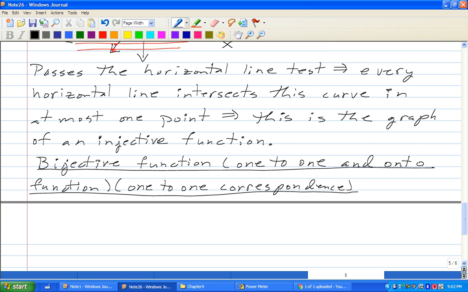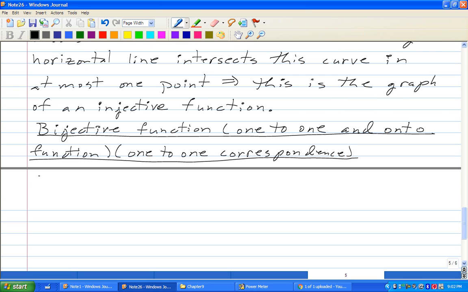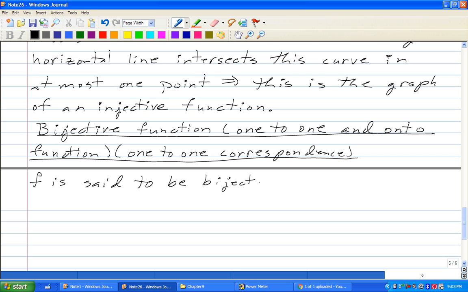Okay, so f is said to be bijective if it is injective and surjective.